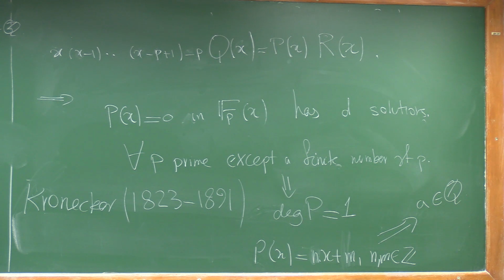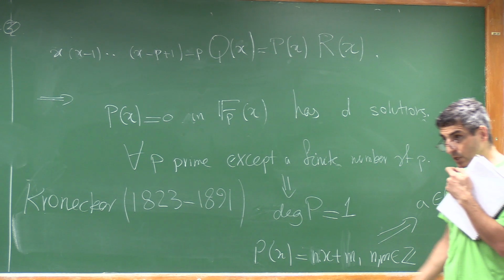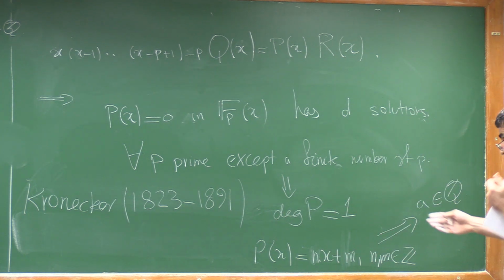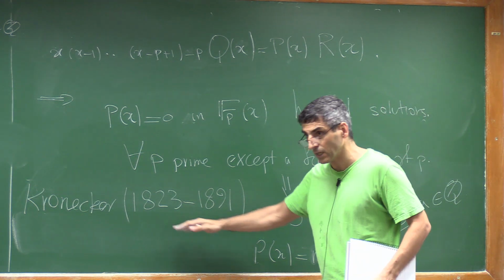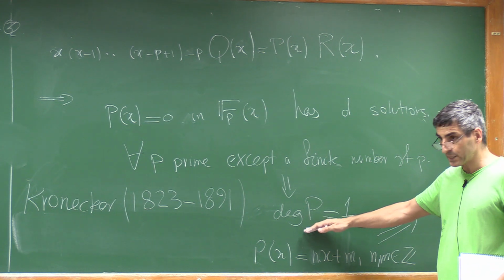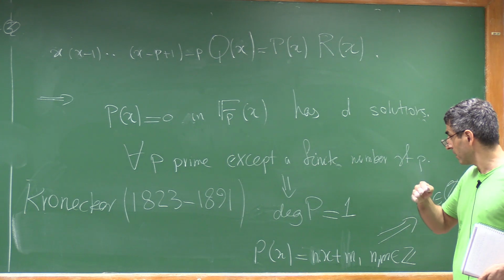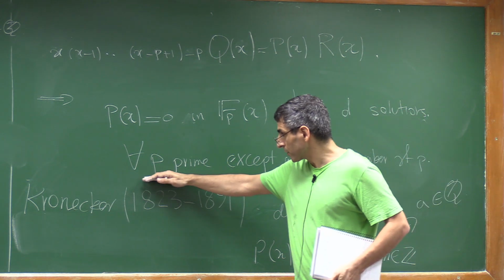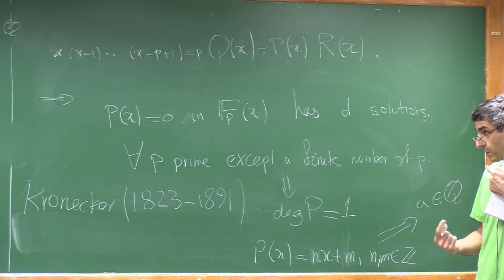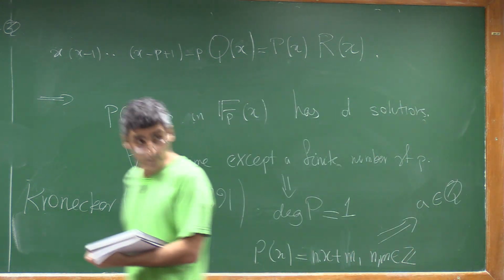Actually, I have to look for an original article, because all this concept of number fields and so on appeared after Kronecker. But I think this polynomial version is also easy to understand. A polynomial that splits completely for almost all primes, except a finite number of them, is just a linear polynomial which has one solution.